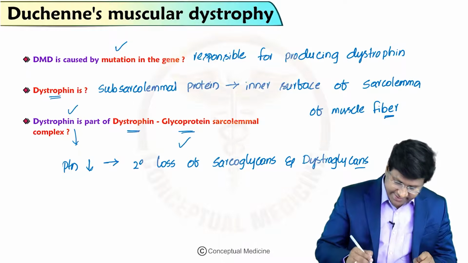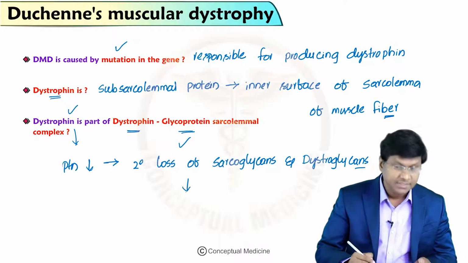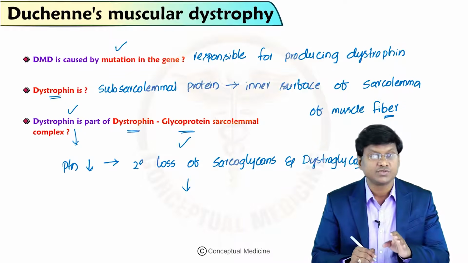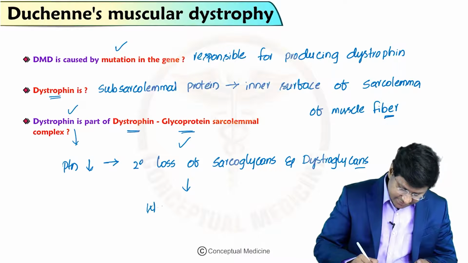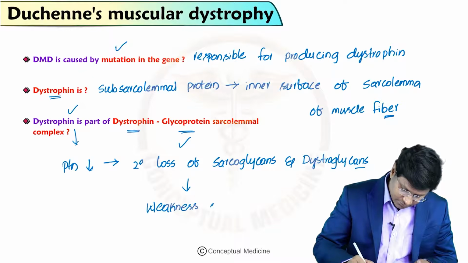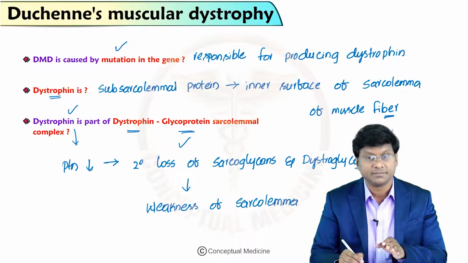Because there is secondary loss of sarcoglycans and dystroglycans, that results in weakness of the sarcolemma, right?